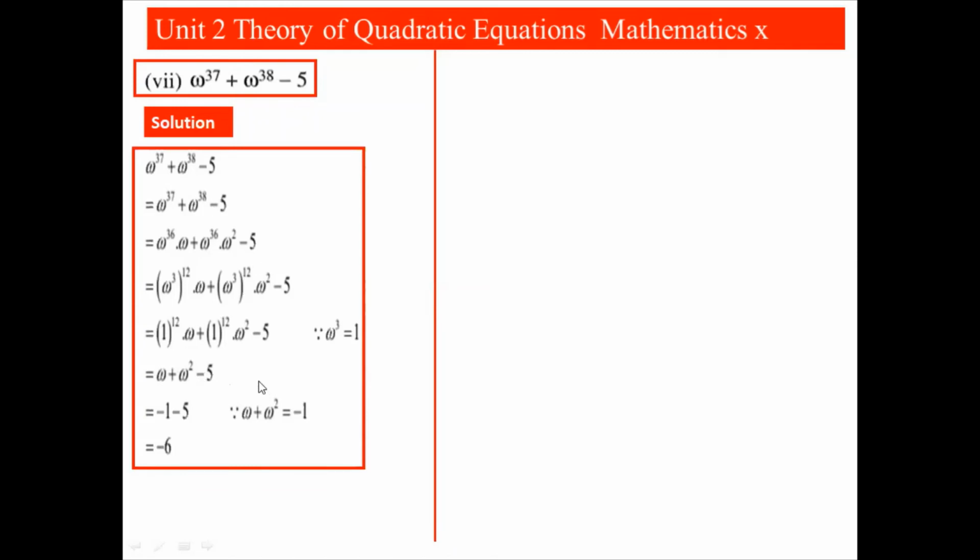Now 1 plus omega plus omega square is equal to 0, so from that omega plus omega square is equal to minus 1. So we can write this as minus 1. Minus 1 minus 5 gives minus 6.